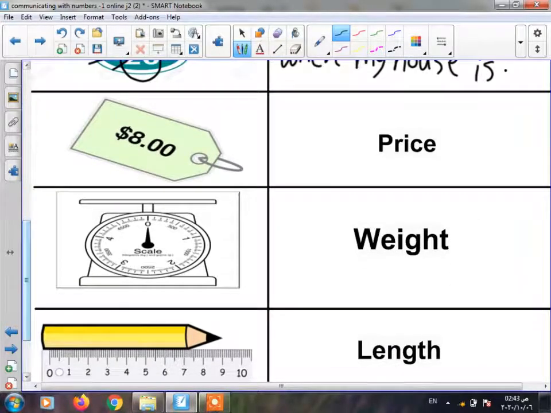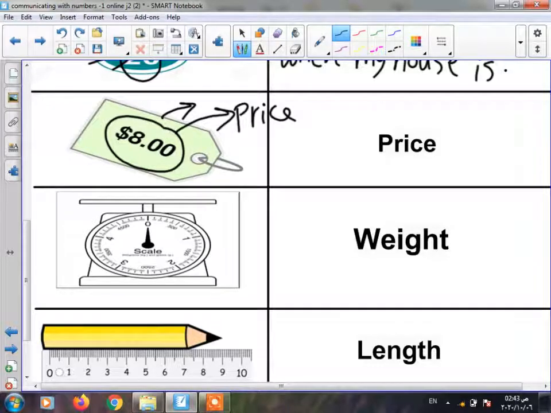Then this ticket. On this ticket there is a number, and this number gives me information about what? Temperature? No. About price? Yes. Because this is the price of something new I buy. On this ticket there is its price.